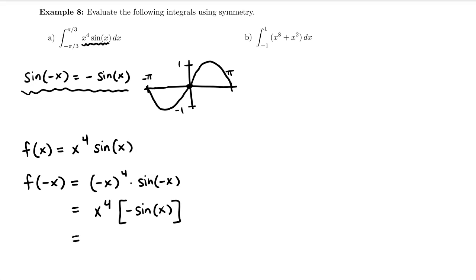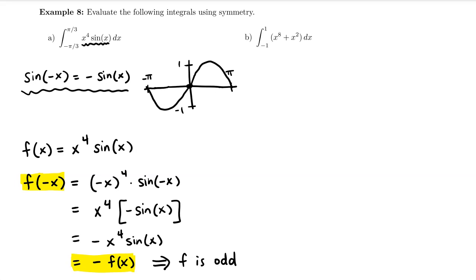And so the negative 1, I could pull that out to the front. So I have negative x to the 4th power times sine of x. And this is exactly equal to negative 1 times the original function, or in other words, negative f of x. And so because we have f of negative x is equal to negative f of x, this implies that f is odd.